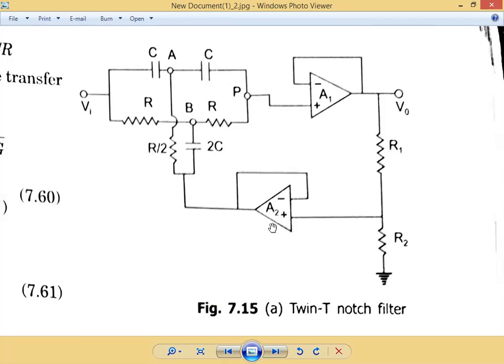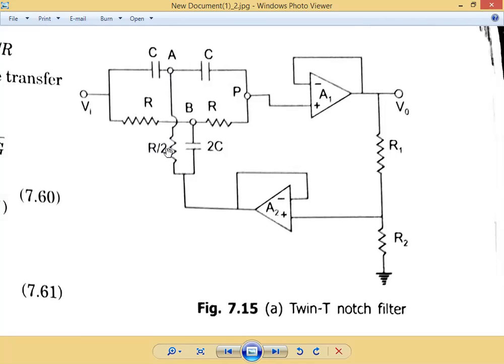So K into V0 minus VA, at this point the node is VA, K into V0 minus VA into, as we have considered G is equal to 1 by R, R by 2 is equal to 2G. So in this part we have R by 2.